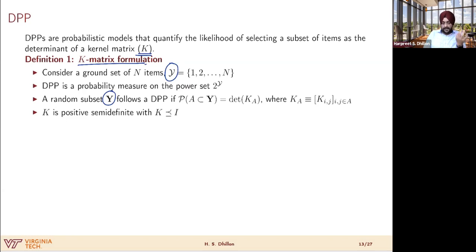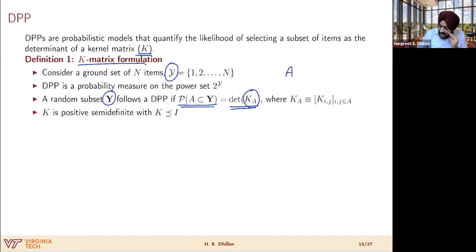It follows a DPP if the probability that any subset A lies in this random subset Y, think of this as the probability of little x being smaller than or equal to the random variable X, is equal to the determinant of K_A, where K_A is defined from your kernel matrix.